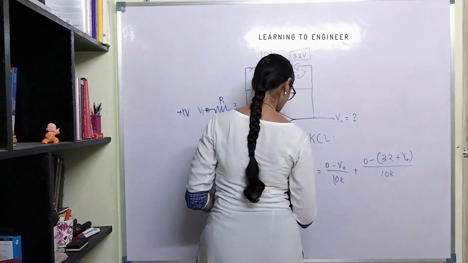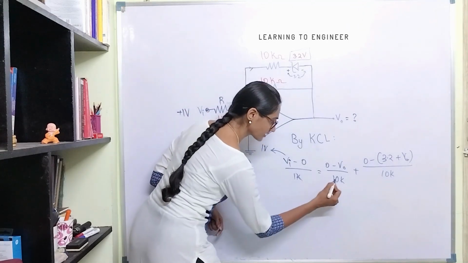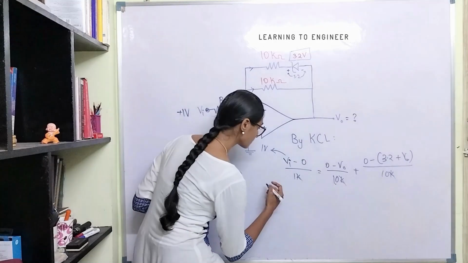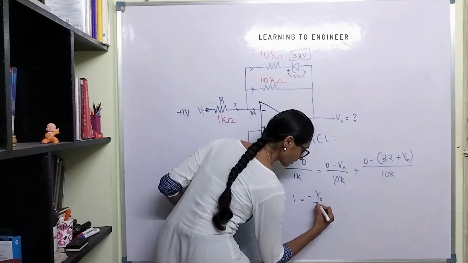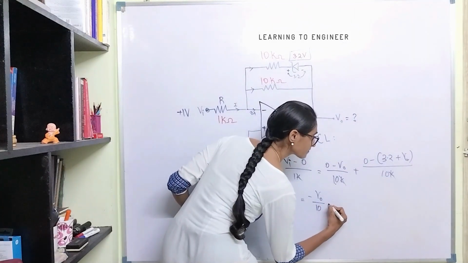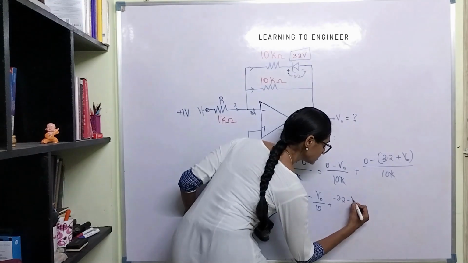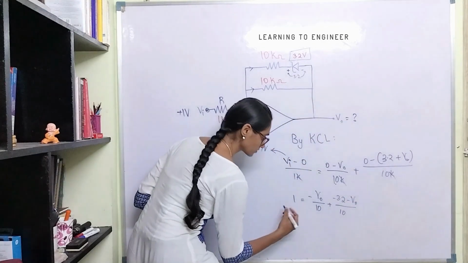It's given that the value of Vi is 1 volt, so let's substitute, and we can cancel these terms here. So it will be 1 divided by 1, 1 is equal to minus V naught divided by 10 plus minus 3.2 minus V naught divided by 10. So we are taking this 10 to this side.